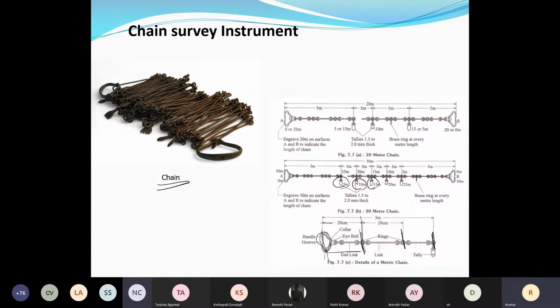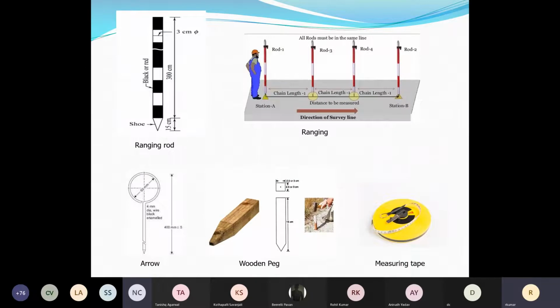If I want to do a chain survey, we also use a ranging rod. How will you use the ranging rod? This process is called ranging. What do we do by ranging?